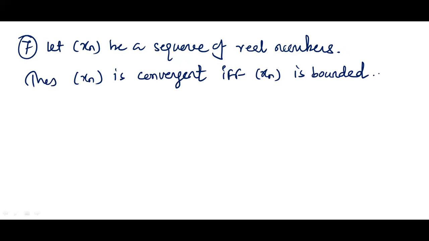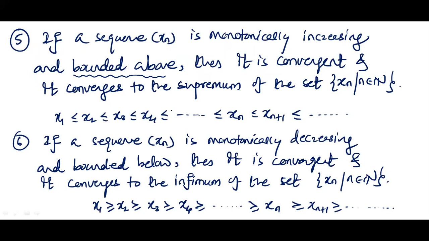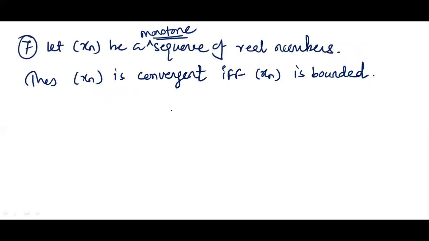That is important. See, we already proved that every convergent sequence is bounded, but if a sequence is bounded as well as it is monotone, then it is convergent also. And you can get this using note number 5 and 6. Okay.